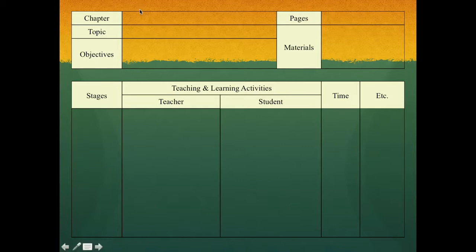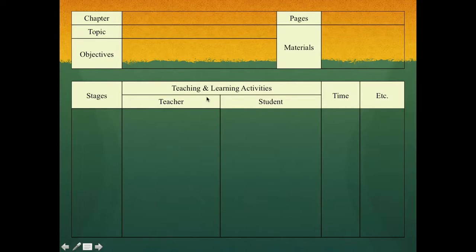You can put chapter, topic, objectives, materials, and staging, and you can think in advance about what you need to do as a teacher and what students need to do. So you can think about both sides, yourself and students, and you can assign times. And if you want to have more memos and so on, you can put them in here. Okay.